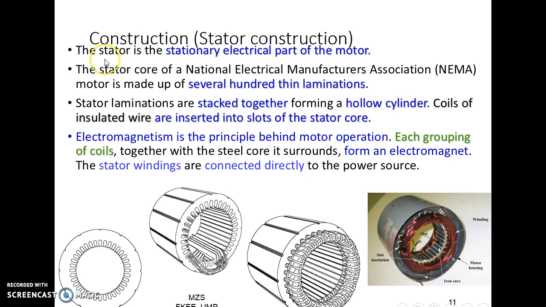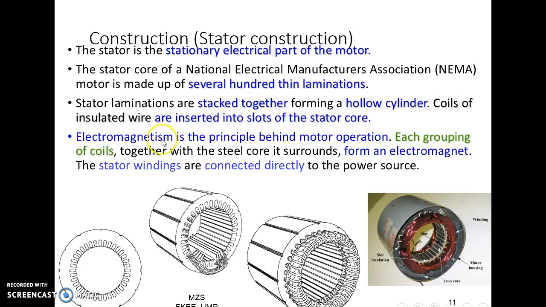And here the stator is the stationary electrical part of the motor. The stator core of a National Electrical Manufacturers Association (NEMA) motor is made of several hundred thin laminations. Stator laminations are stacked together forming a hollow cylinder.